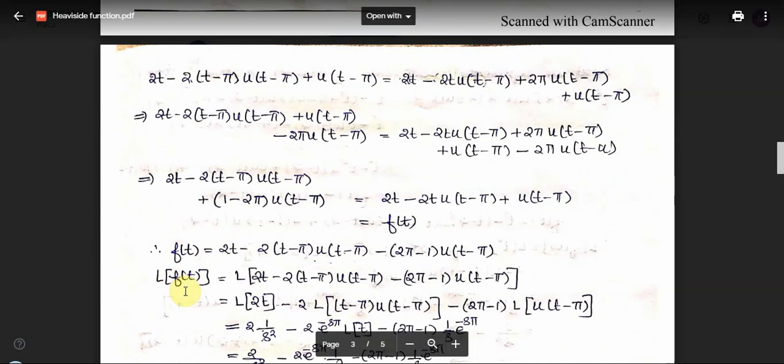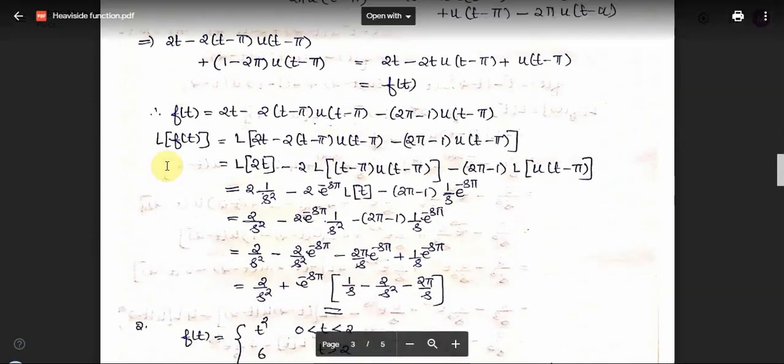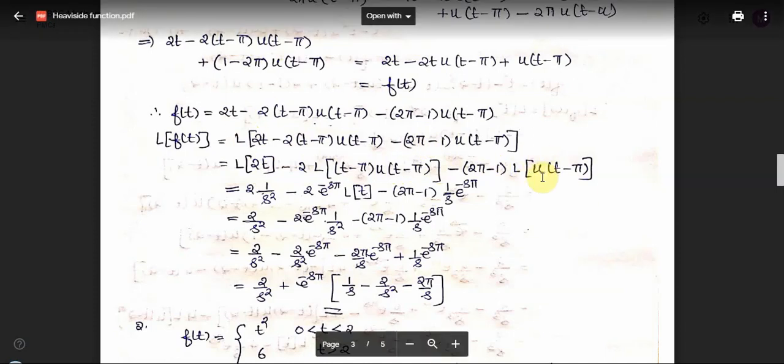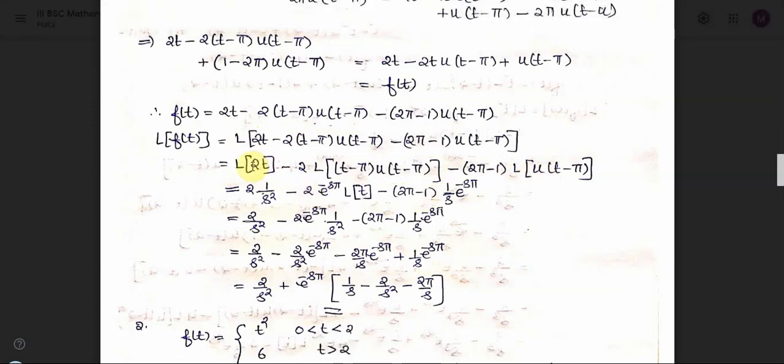Now we will take the Laplace transform. L of f of t is equal to L of this one. So, L of 2t minus 2 into L of t minus pi u of t minus pi, minus of 2 pi minus 1 into L of u of t minus pi. L of 2t is 2 into 1 by s square. Minus, this is what?